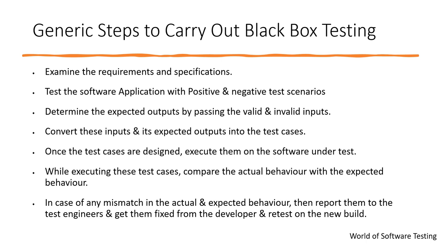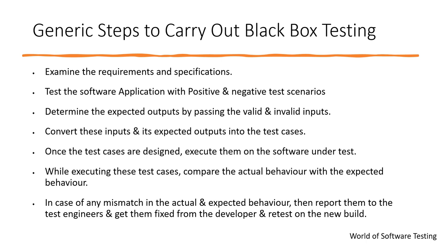Second, the tester tests the software application with positive and negative scenarios. The tester tests the software under test with positive test scenarios, that is, a valid input to verify whether it processes correctly or not. The tester tests the software with negative test scenarios, that is, an invalid input to verify whether it processes correctly or not.